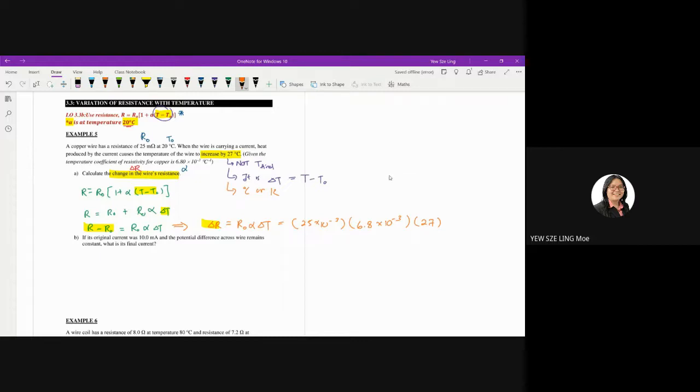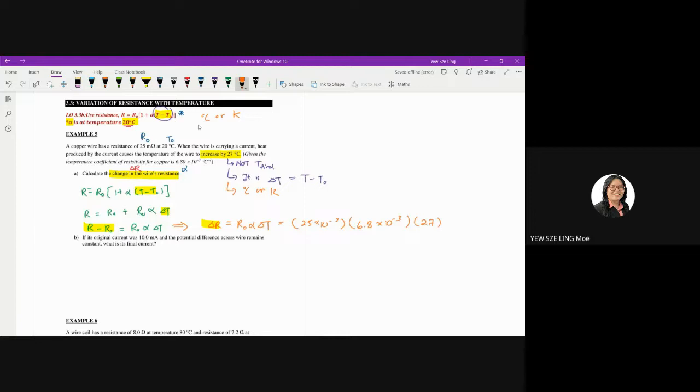But if you're just looking at temperature, then you need to use temperature in Kelvin. But in this question, it doesn't matter. Why? Because T minus T naught equals delta T. It's the change in temperature. So it doesn't matter whether you change it into Kelvin or not. You can use degree C or Kelvin in these equations.